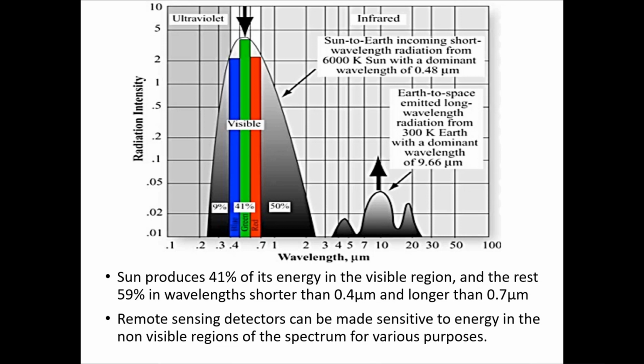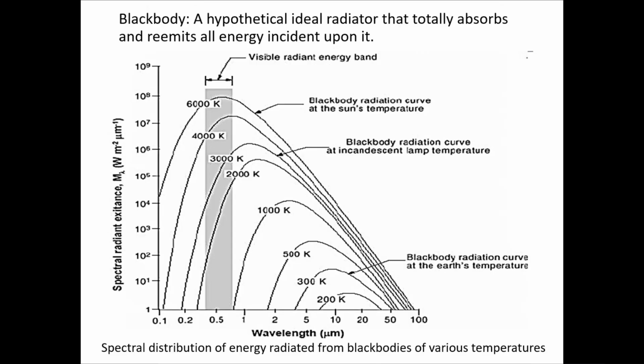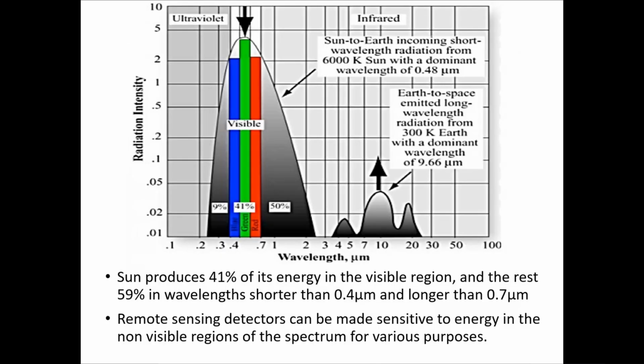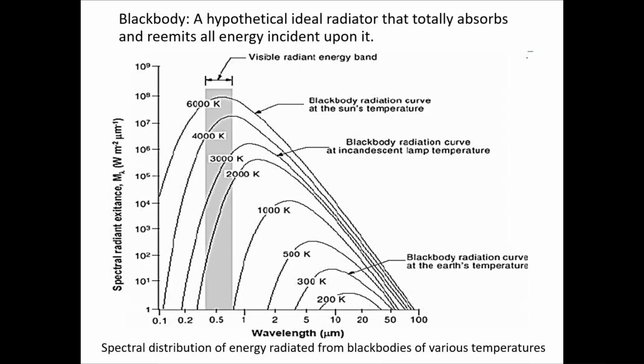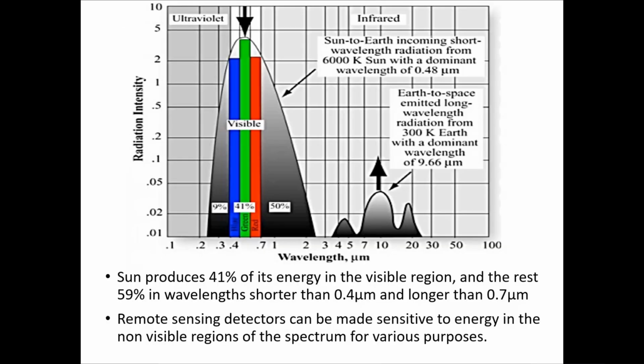So this was the radiant excitance curve that we saw here, 6000 Kelvin. Same thing I have shown here. If you look at the radiant excitance of the sun, only 41% of its energy is in the visible range. The rest of it is in the range shorter than 0.4 micrometer and longer than 0.7 micrometer.